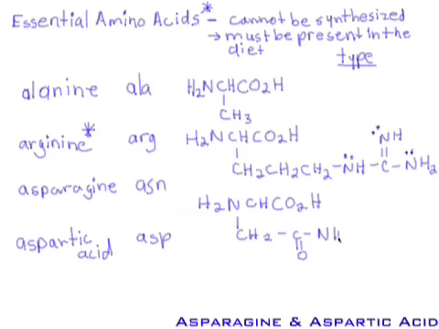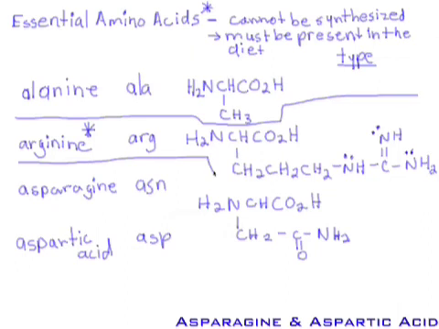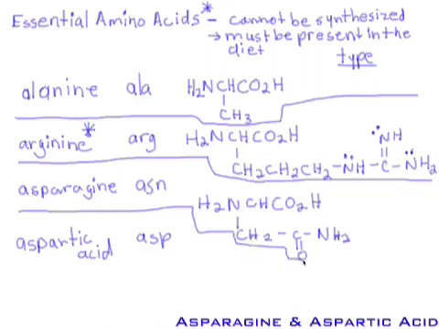So it has an amide functional group here. So let's draw some lines. That might be good to split these up. So it's a lot clearer which name goes with which structure. There we go.